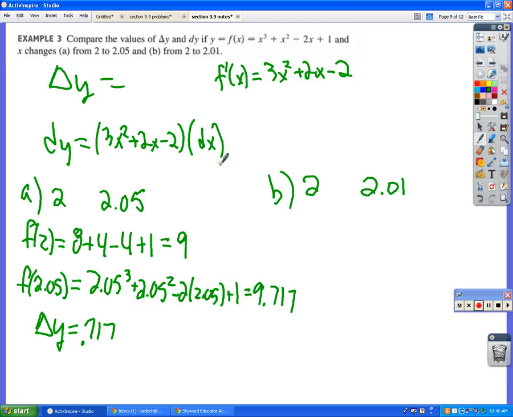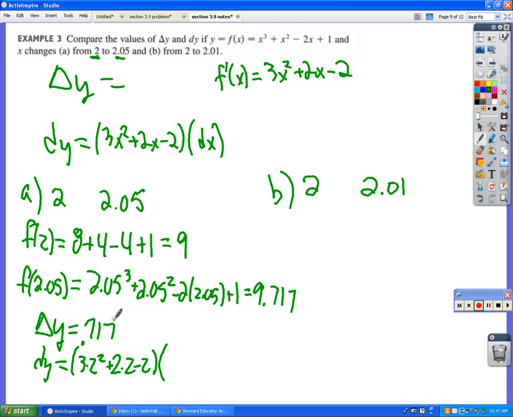So, what am I going to plug in here for x to figure out what dy is? No, 0.05 is the change in x. No, because we don't know anything about this with the 2. Yes, so we're going to take the original x value and plug it in here, and then multiply it by the change in x. So I'm going to go 3 times 2 squared plus 2 times 2 minus 2 times the change in x.